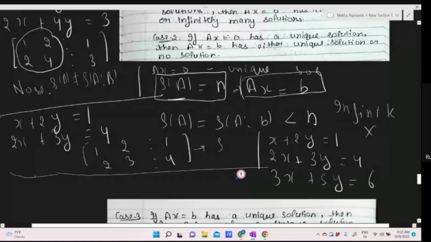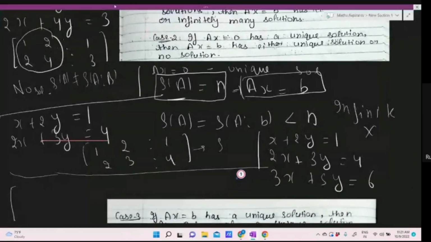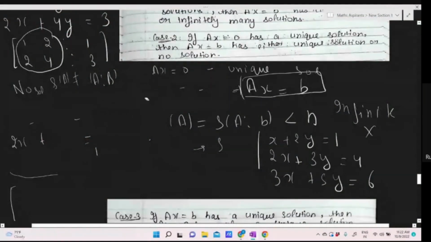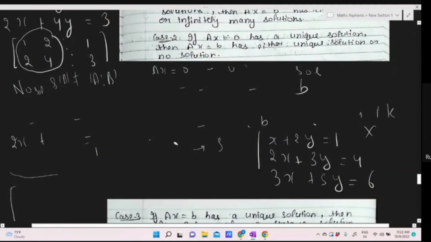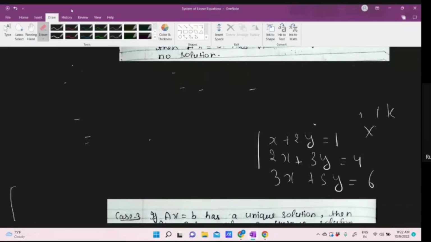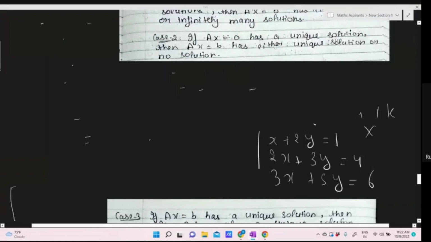After writing this system into the augmented matrix, we can see that we have 1, 2, 1; 2, 3, 4; 3, 5, 6.